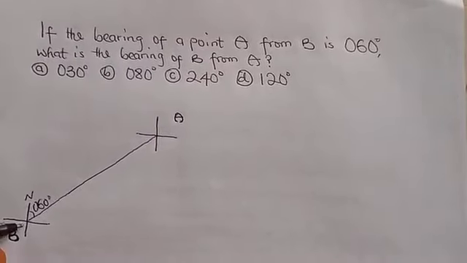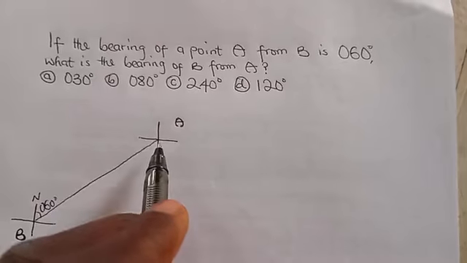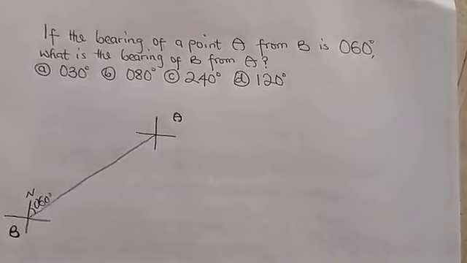So if you are at point B and you want to get to point A, the bearing is 60 degrees.